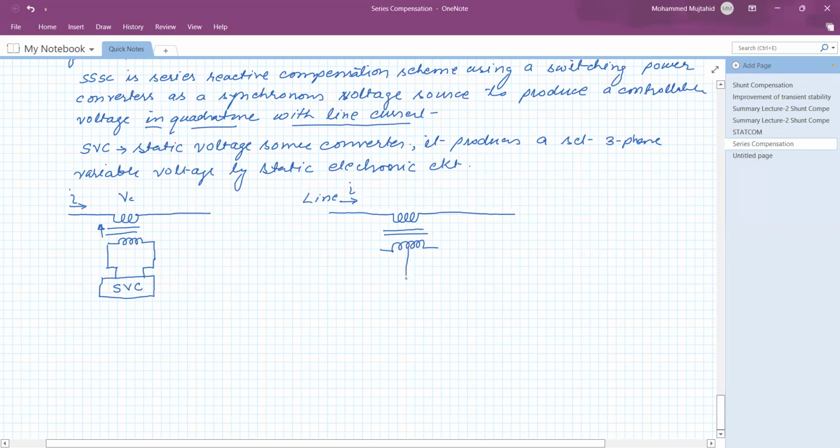It is connected with the SVC, the static voltage source converter, and it can be controlled by some control circuit.